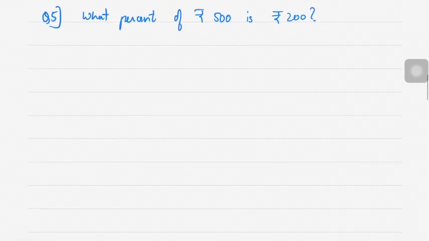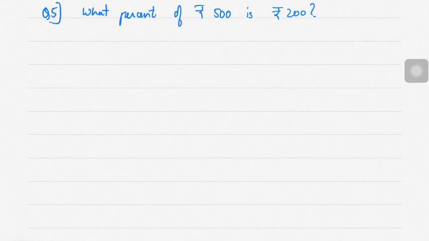Next, what percent of rupees 500 is rupees 200? That means you have to find out 200 is how much percent of 500. Correct?